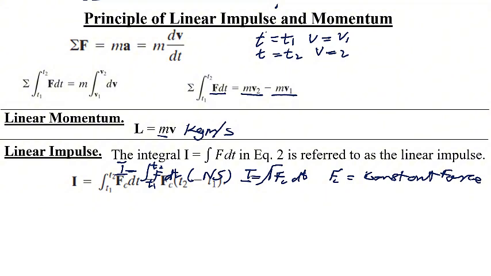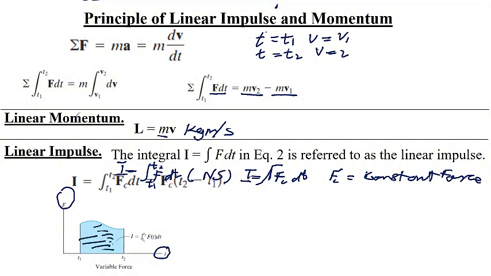Graphically, the magnitude of the impulse can be expressed by the shaded area under the curve of force versus time, and that is shown here. This is the force axis, and this is the time axis. This shaded portion here is the impulse.